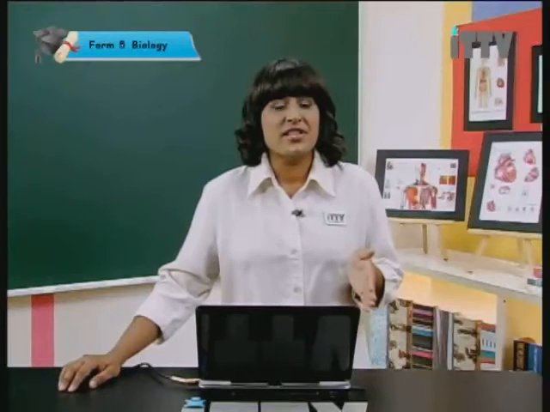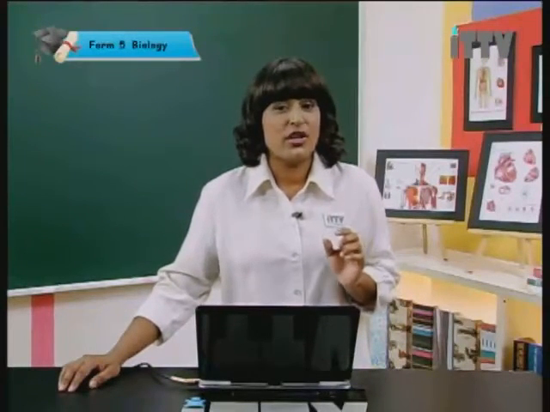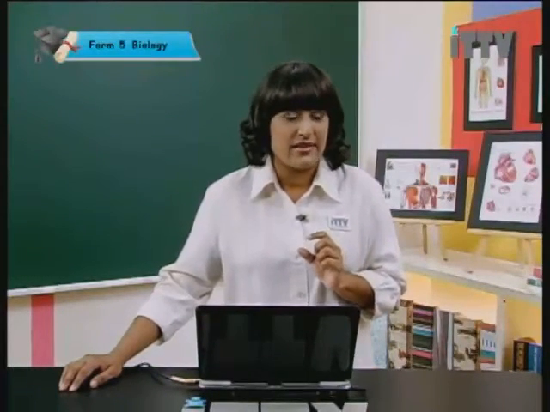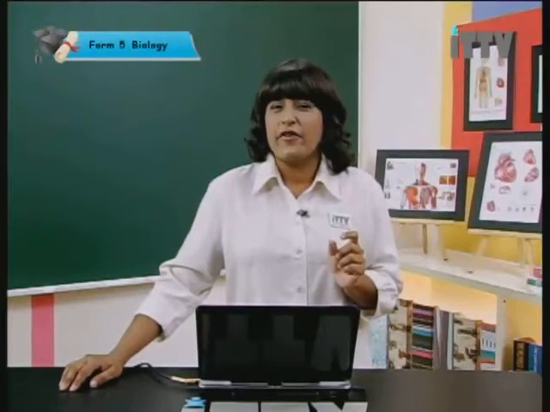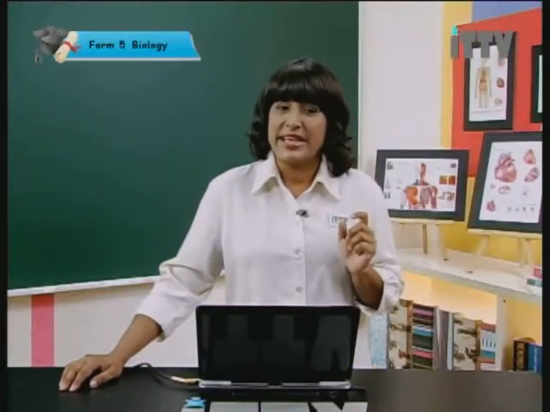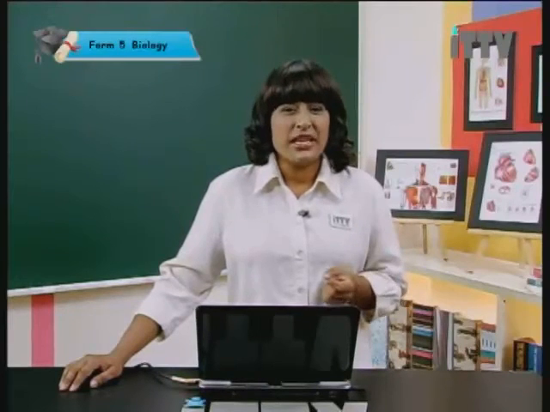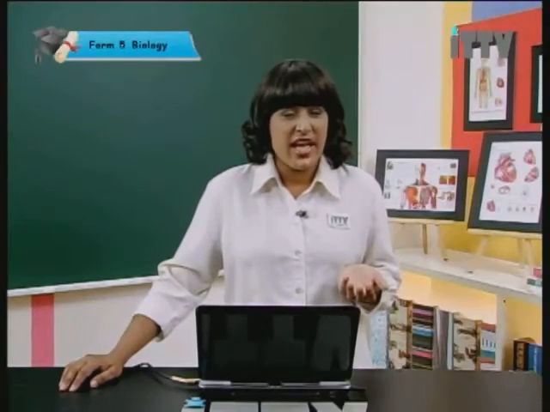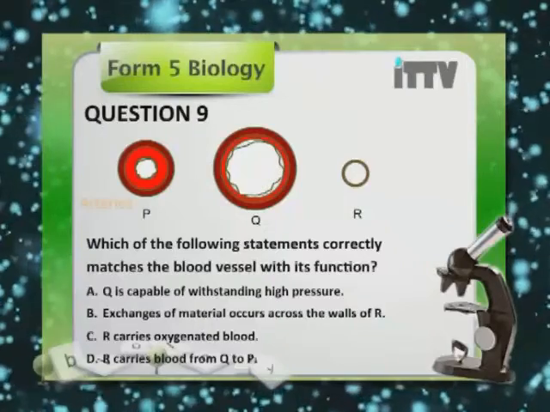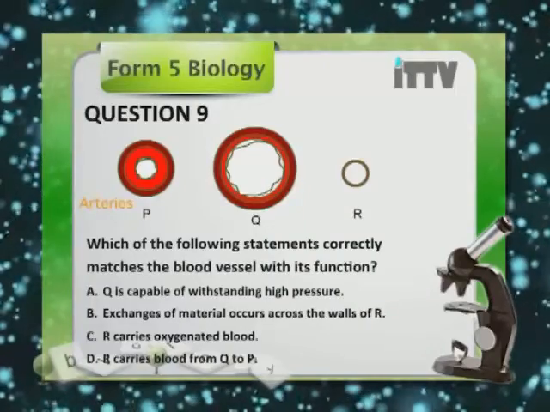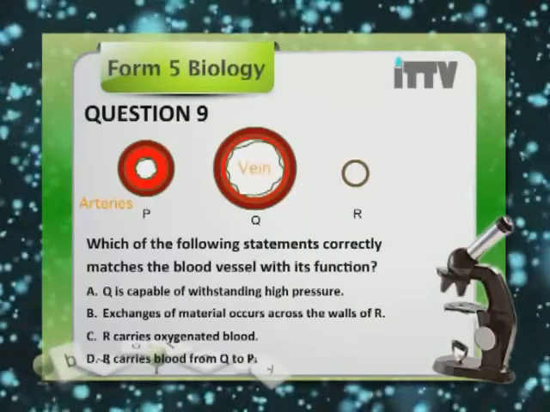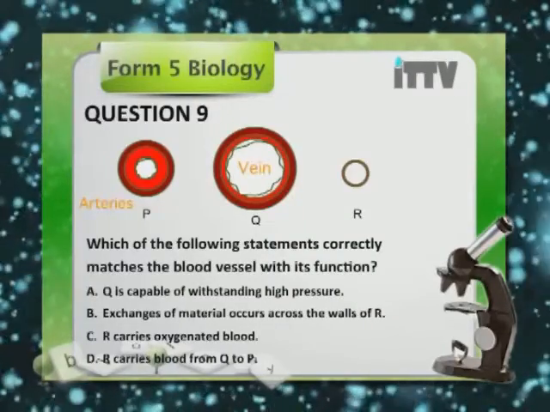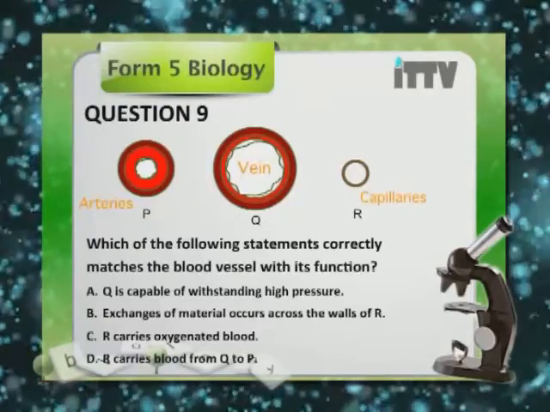Understand that arteries have a much smaller lumen compared to the vein, and the arteries have a much thicker middle layer. In between P and Q, using these characteristics, can you let me know which is the artery and which is the vein? Yes, you're right. P is the artery and Q is the vein. And R, no doubt, it is the capillary.